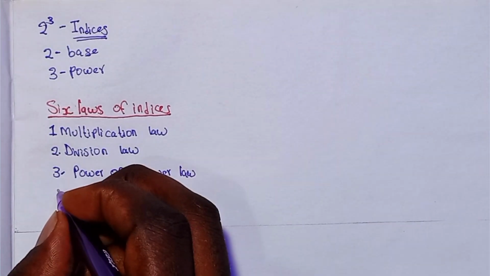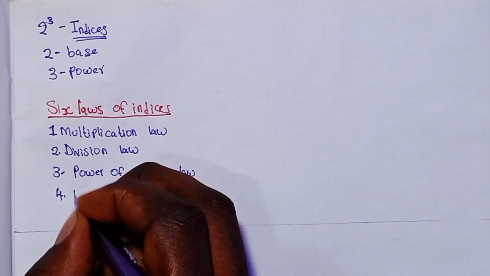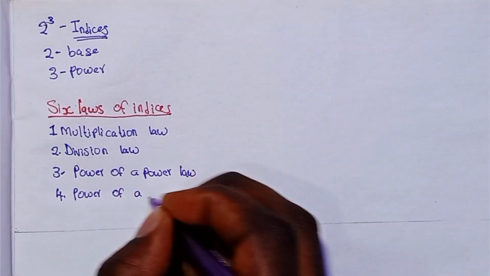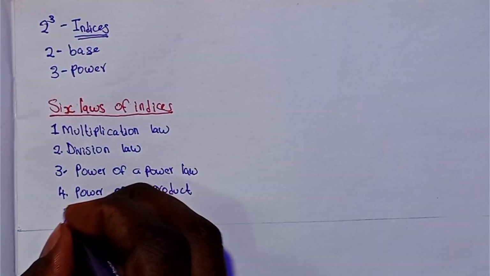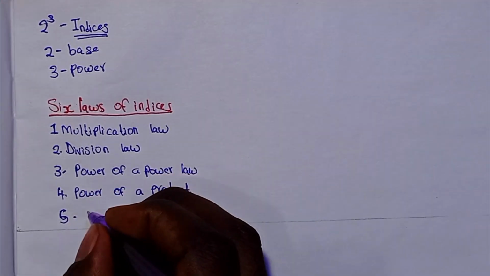And number 4 we have power of a product. Number 5 we have zero index law.